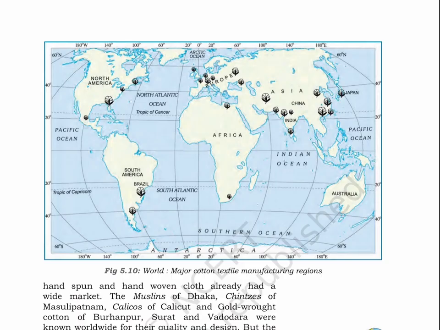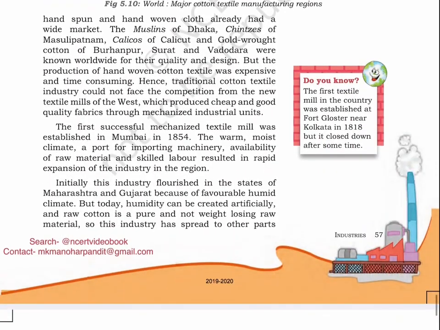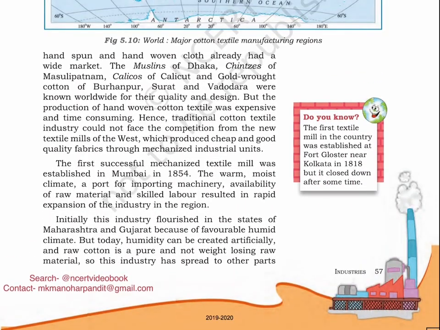The first successful mechanized textile mill was established in Mumbai in 1854. The warm, moist climate, a port for importing machinery, availability of raw material, and skilled labor resulted in rapid expansion of the industry in the region. Initially, the industry flourished in the states of Maharashtra and Gujarat because of the favorable humid climate.